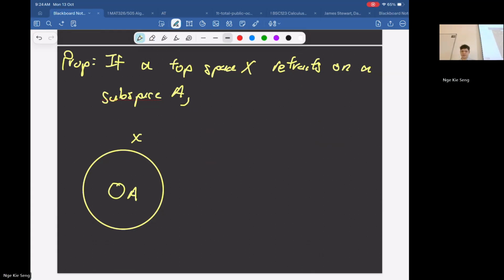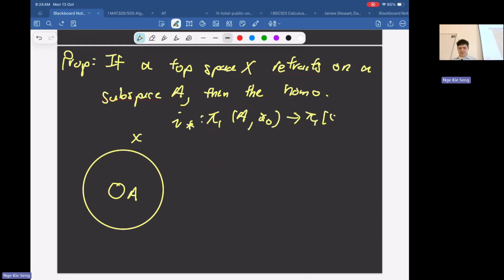Then the homomorphism I star is the homomorphism induced by I, which is the inclusion. The inclusion is actually injective.